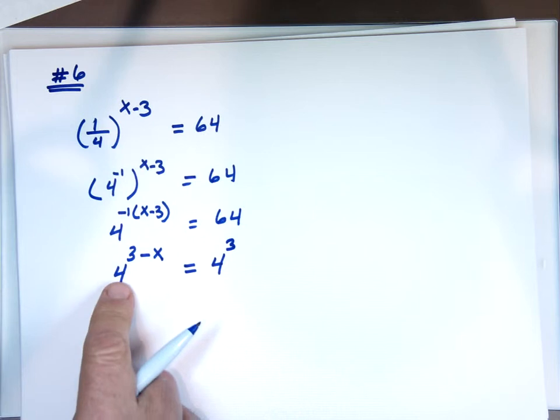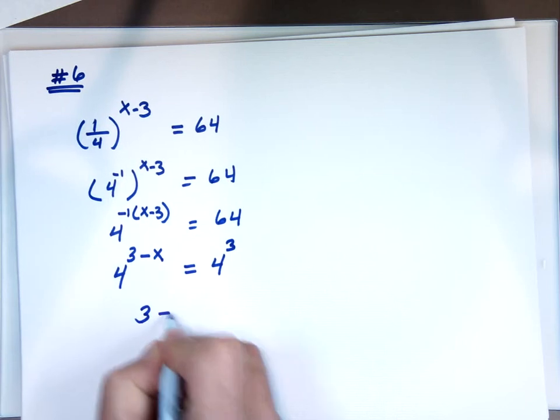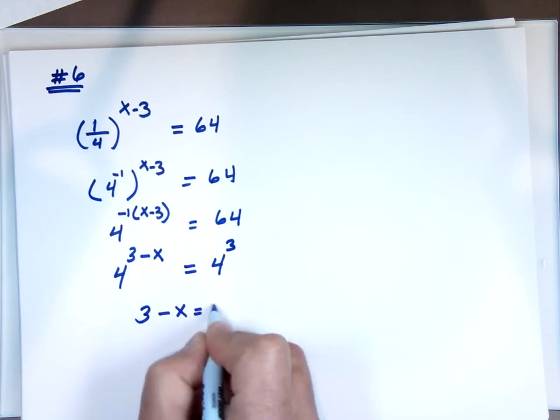This side is equal to that side. The base is the same. That means what? 3 minus x will have to equal to what? 3.